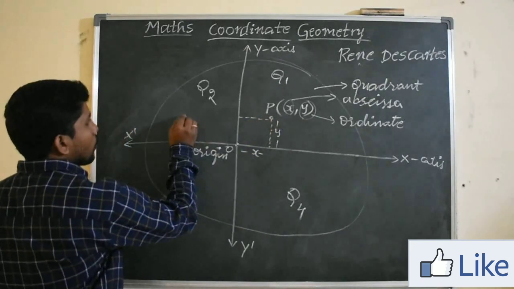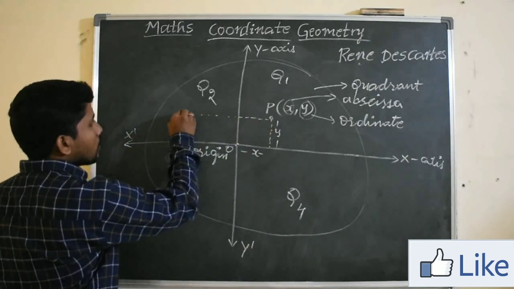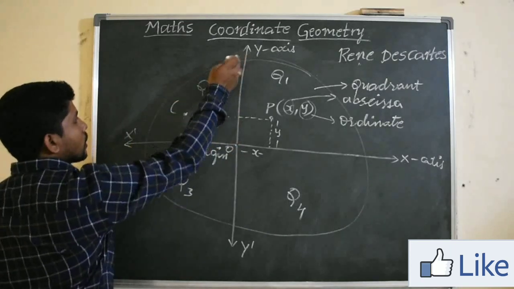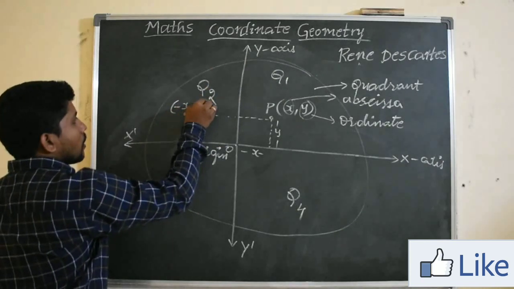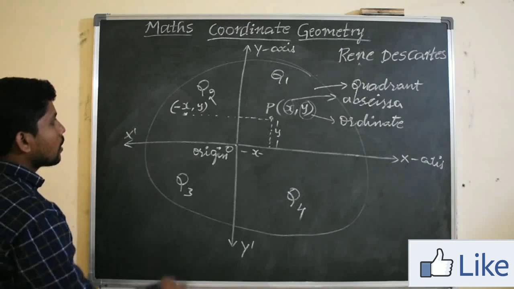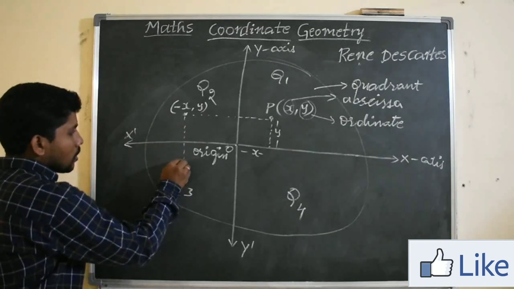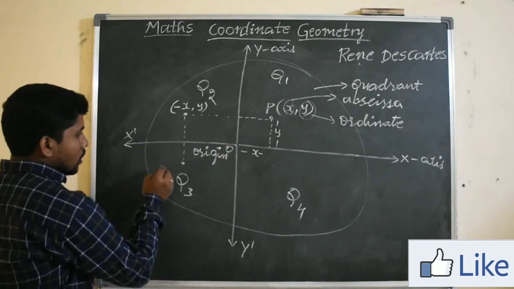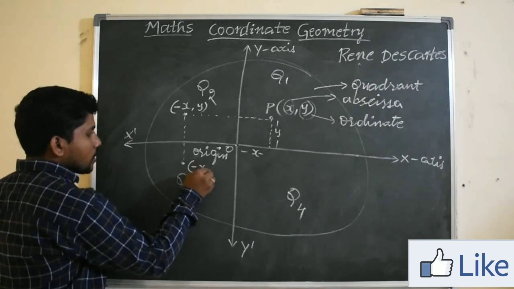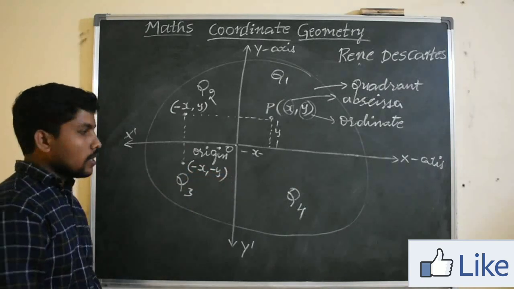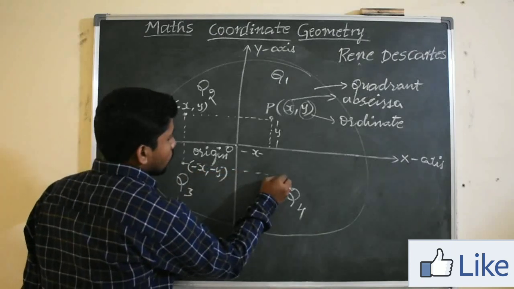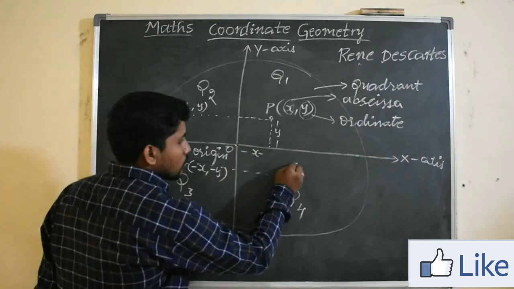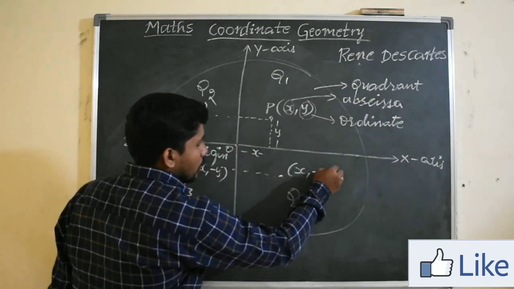When you project the same point into the second quadrant, x is negative and y is positive, so the point becomes (-x, y). In the third quadrant, x is negative as well as y, so the coordinates become (-x, -y). In the fourth quadrant, x is positive and y is negative, so the coordinates become (x, -y).